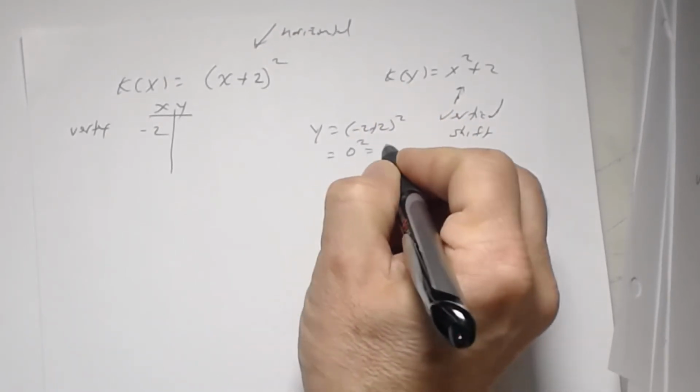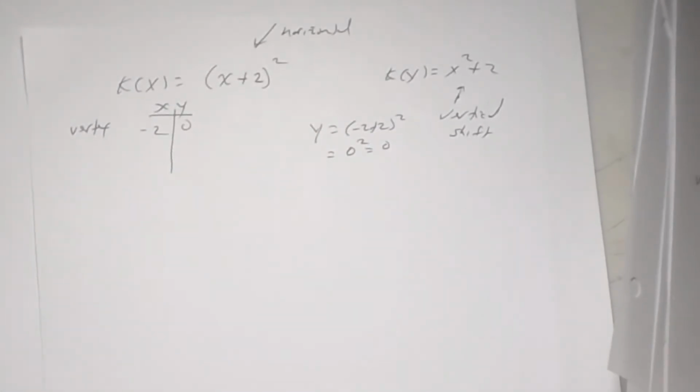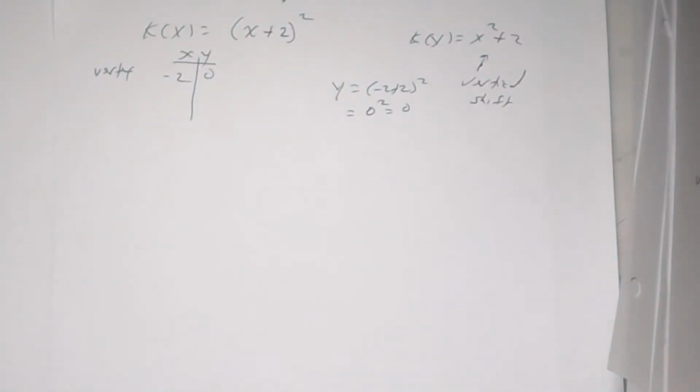And what's 0 squared? 0. And it kind of makes sense because for the parent function, we were at the origin. So if I move it 2 units to the left, the y-coordinate is still what? 0. Okay, now here's what you would do. You'd plot the vertex.